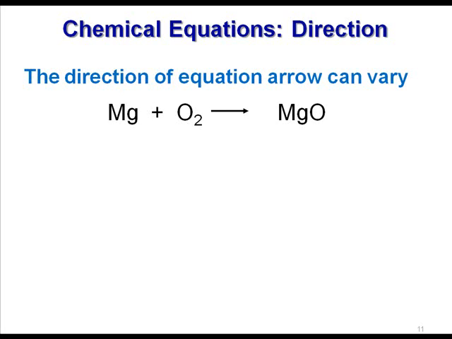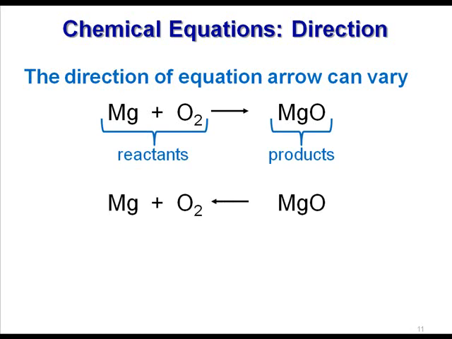So the arrows go from reactant to product, with the reactants here and the products there. However, as we will find out several weeks from now, reactions can actually also go in reverse. Sometimes the products go backwards into the reactant state, and the arrow would indicate that.